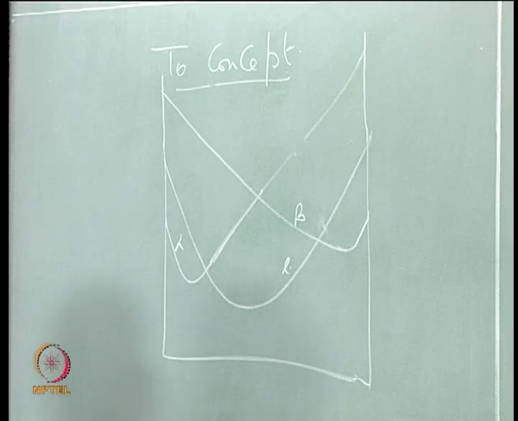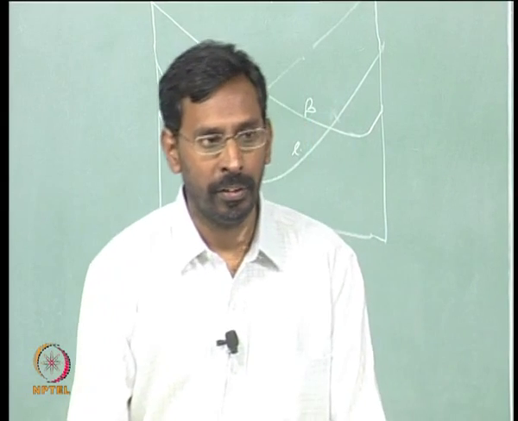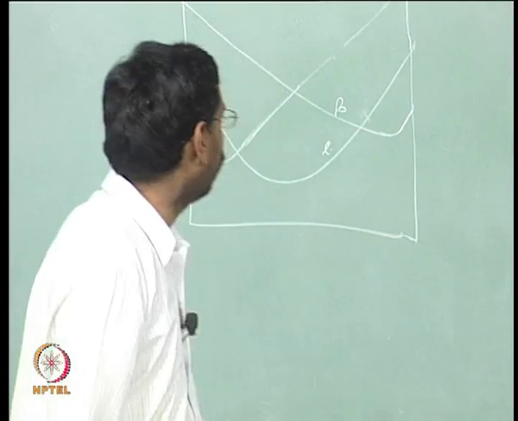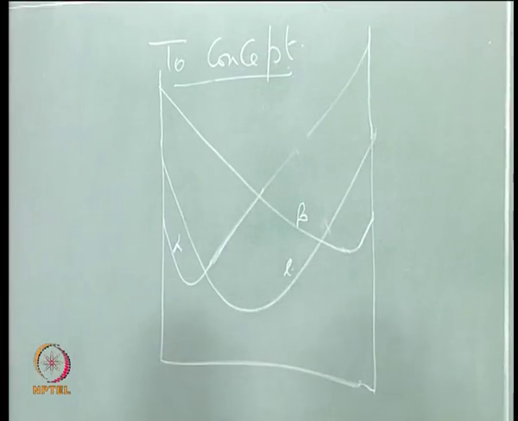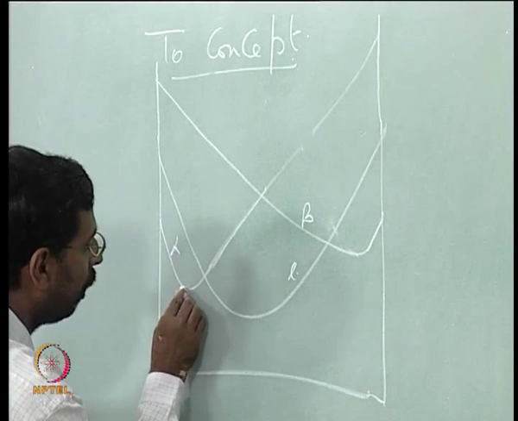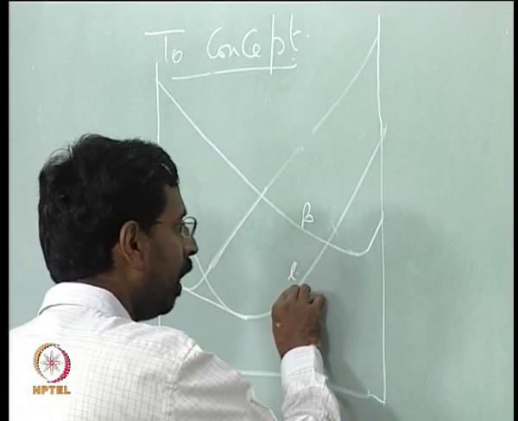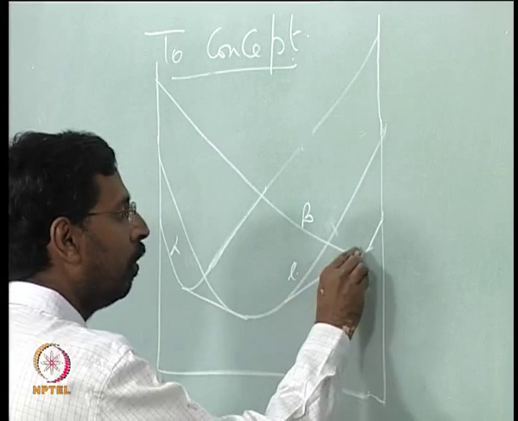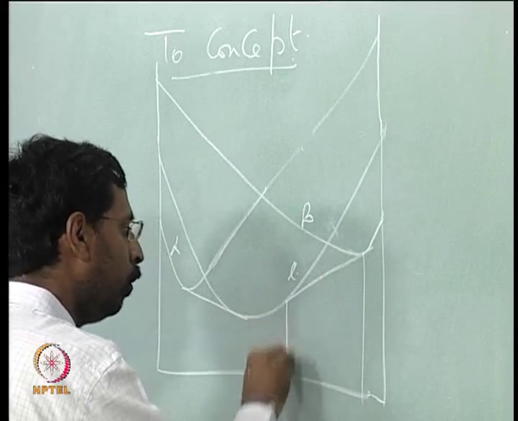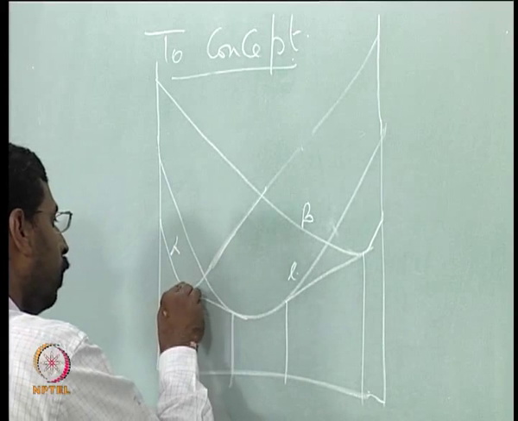Now, you will have not just one single common tangent, you will have 2, and in fact one can also talk about the third one, let us not talk about it right now. This is one common tangent, the other common tangent is this. So, you can talk about 2 compositions here and 2 compositions here.